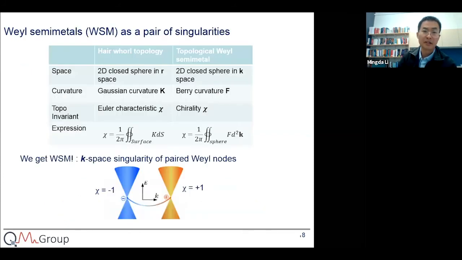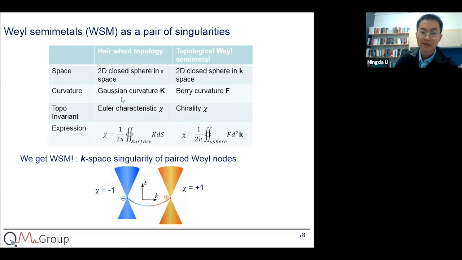So here is the transition. In the hair whorl topology, we are talking about a two-dimensional spherical surface in real space, R space. And we all know we can do a Fourier transform to momentum space. In a Weyl semi-metal, that's also a sphere in momentum space.